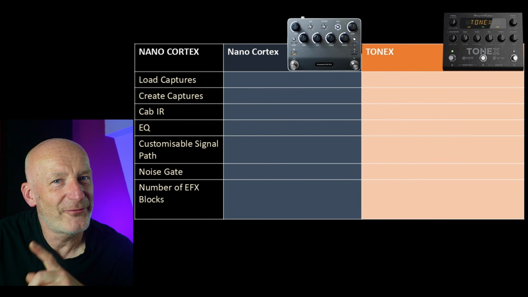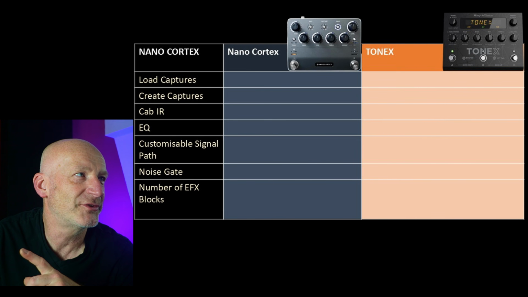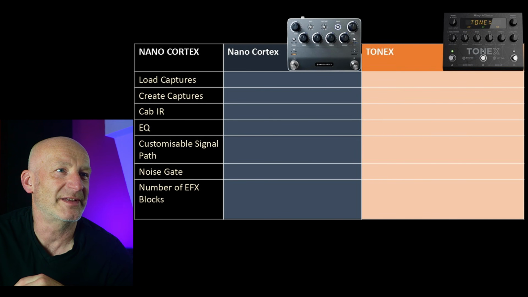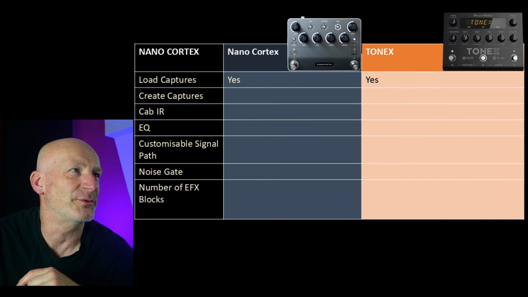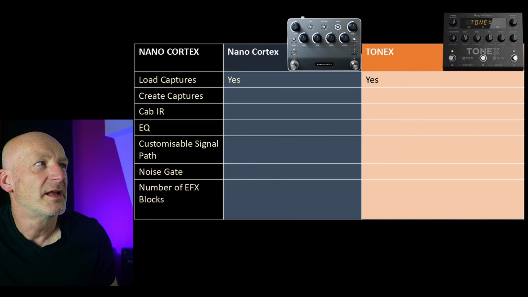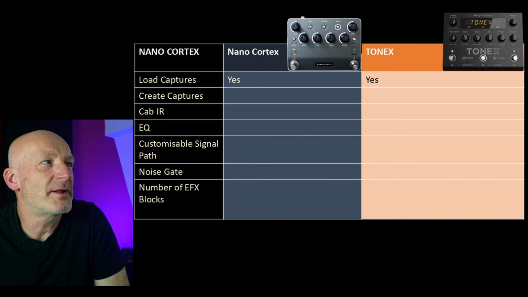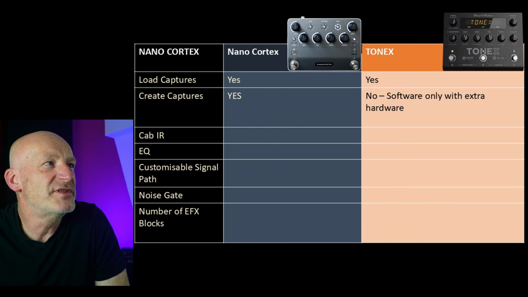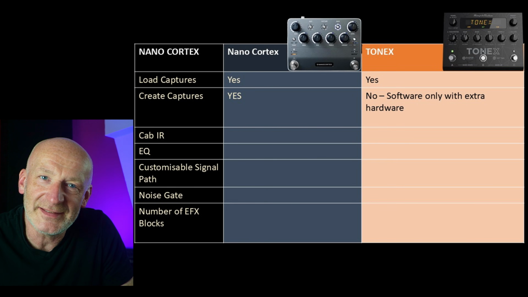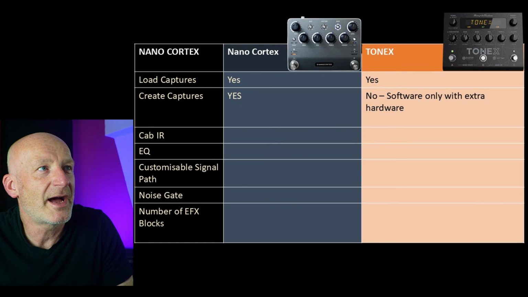Looking at the very first page of my comparison chart, obviously the first things are obvious. Yes, they can both do captures. That's easy. Create captures, well, yes and no. The Nano Cortex on its own, yes, it can create captures. However, with the TONEX, you need the software on your computer, and then you need the hardware as well.